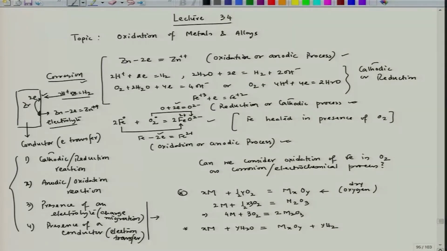This is 1, this is 2. It can also have oxidation like M plus CO2, then it can form CO. So, I can balance it like y, y, then you see that it is balanced.